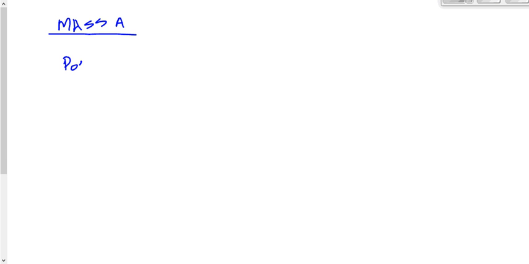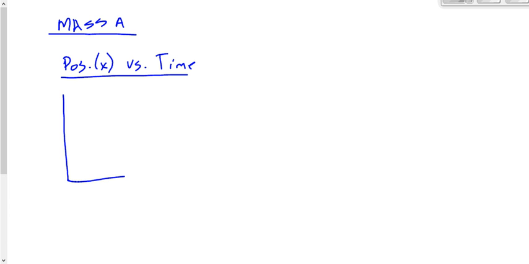We'll say position x versus time for mass A. And the graph might look like this. That tells us that we have a constant velocity before the collision, x component, and a constant velocity, what's this? After the collision, x component, right?